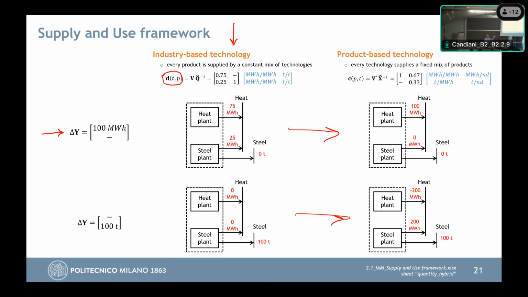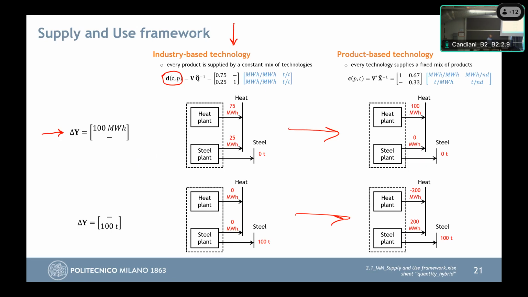Since nobody is asking for this 200 megawatt hours, there is no intermediate demand, no final demand, we have, from the mathematical point of view, to compensate the extra production of this product by reducing its production by means of the only technology that can do so. So the technology that is producing this side product of the steel plant as the primary product, that is the heat plant. Are you getting my point, guys? Great.